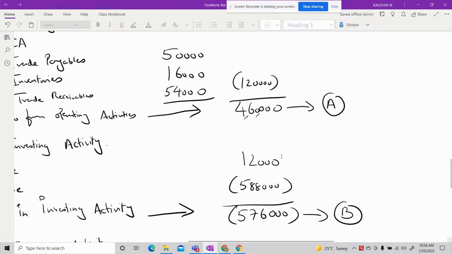Here you got 4 lakh 60, and with this I need to do one small calculation which I missed out. Kindly excuse it.